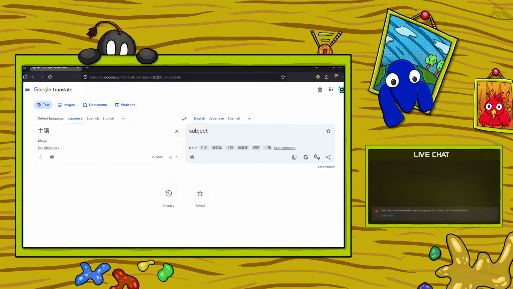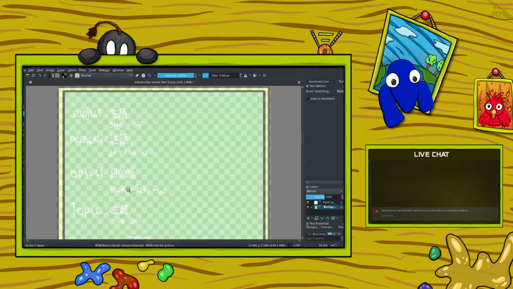Shugo. Now, time to get 25 pixels in there. So, different layer. Subject.